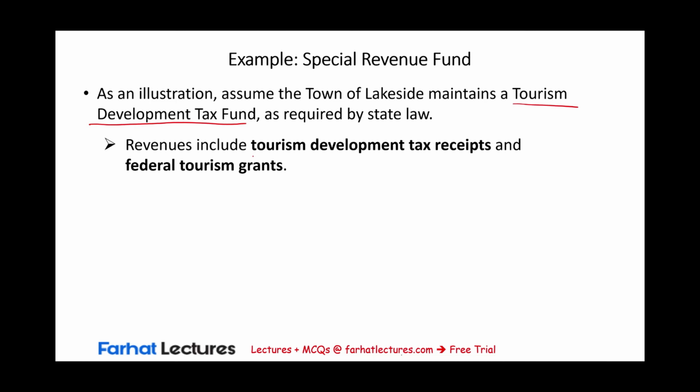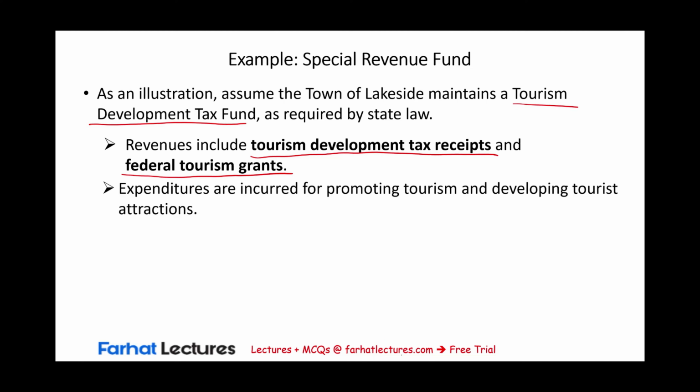Revenues include tourism development tax receipts, so they're going to impose taxes on certain things like maybe hotel occupancy, maybe tourist attraction areas, and federal tourism grants, where they would receive grants from the federal government. Expenditures are incurred for promoting tourism and developing tourist attractions. So that's the purpose of the special revenue fund.